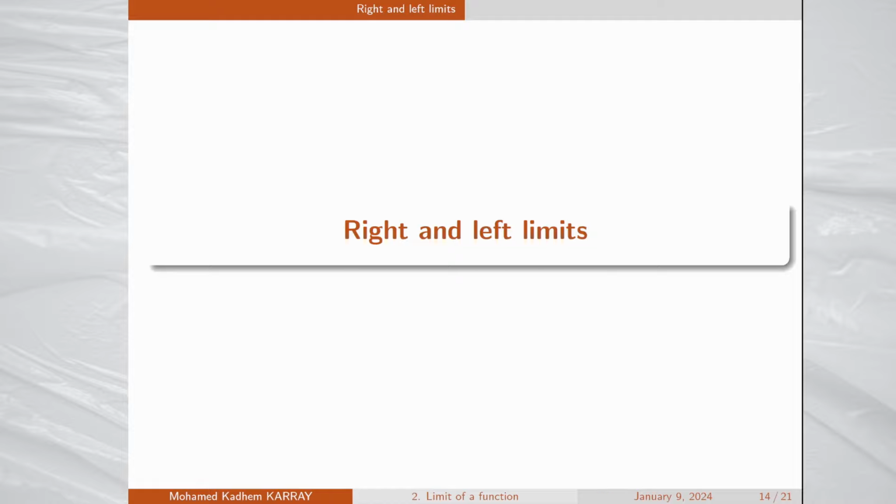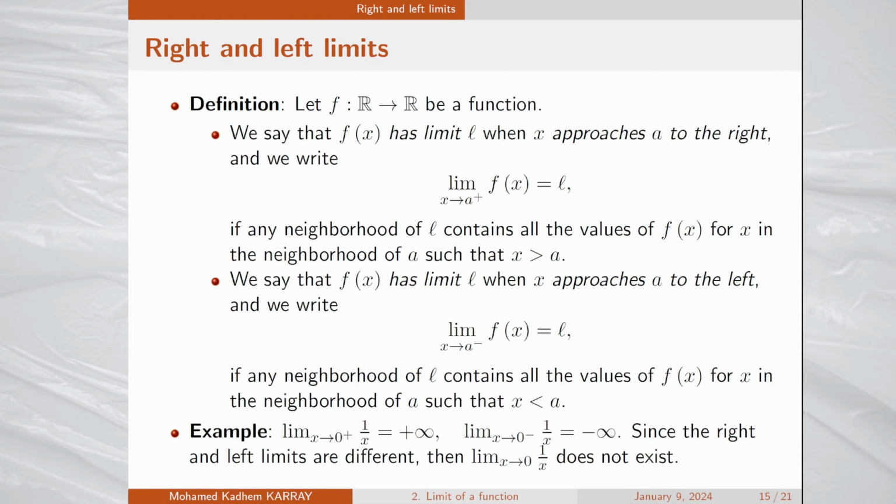We introduce now the notions of right and left limits. So the context is the following. Let f be a function from the set of real numbers to itself. We say that the function f has limit L when x approaches a to the right, and write this as follows.